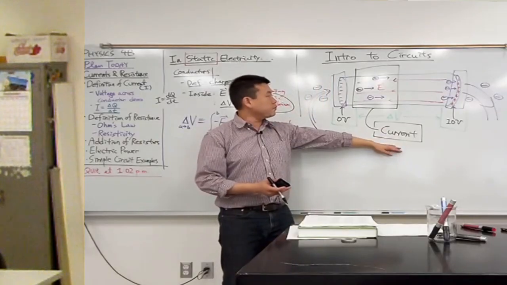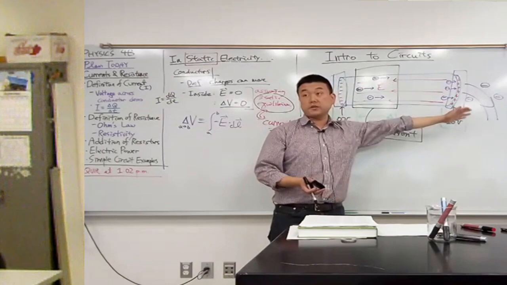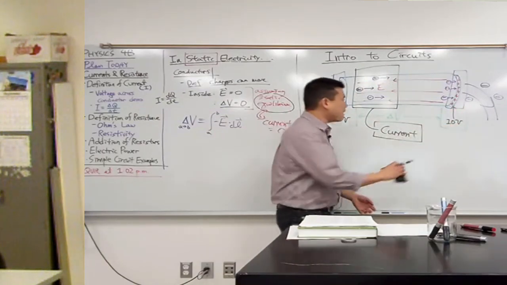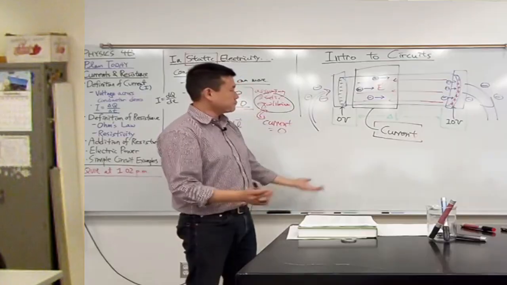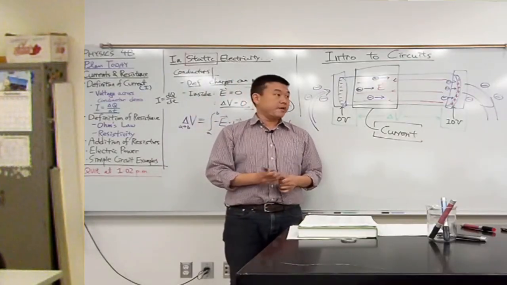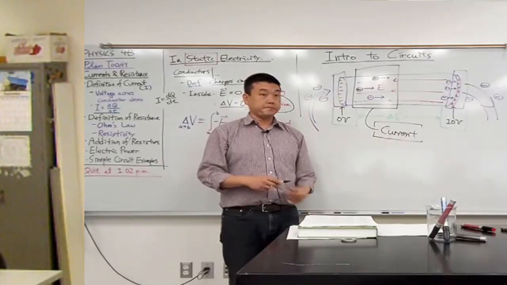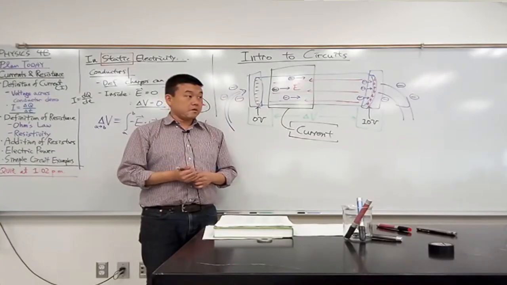With the current, we are trying to measure a flow rate of how quickly the charges are flowing. How do you think we should measure it? Let me put it this way: in what unit should we measure current? Something similar to voltage?